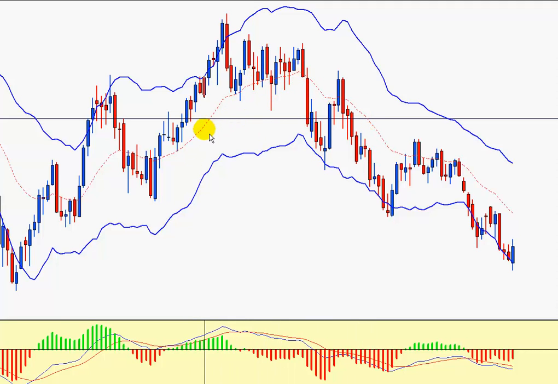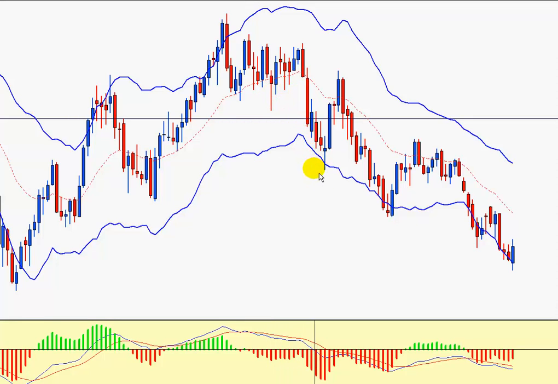I've done a variation of this in the past where I would just have a 21 exponential moving average on the chart, and then I would state that as prices move away from that line, expect it to snap back. You may recall lessons such as that.